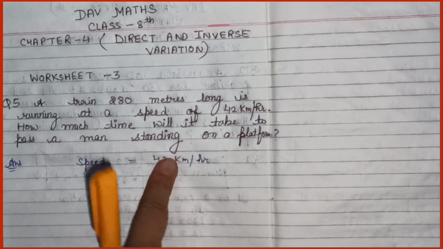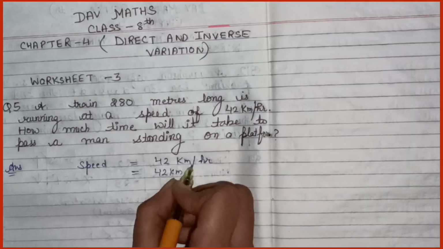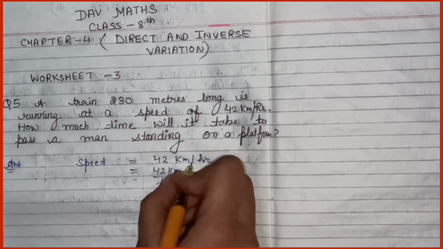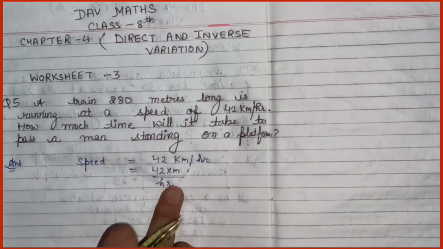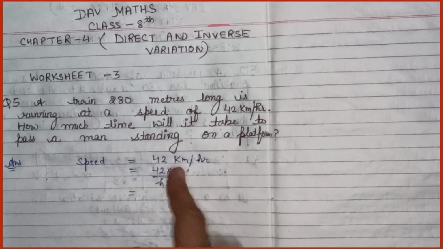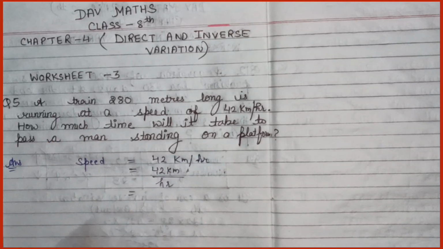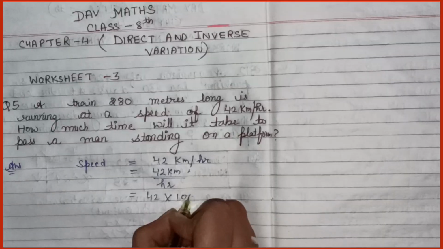So I write 42 km, and per means divide, per hour. When we convert kilometer into meter, we multiply by 1000, so this is 42 multiplied by 1000.